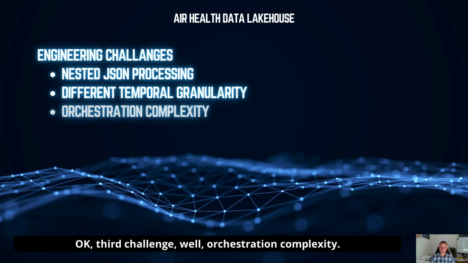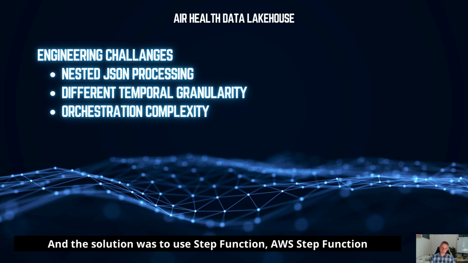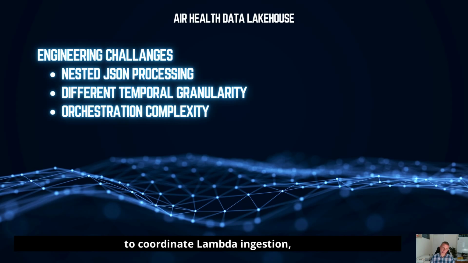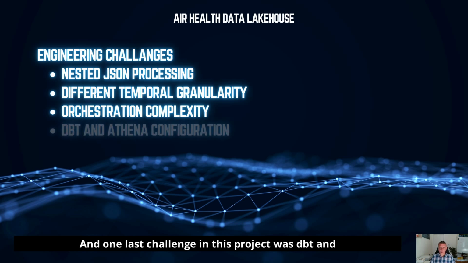Okay, the third challenge, orchestration complexity. This ELT pipeline contains multiple dependent steps, and the solution was to use AWS Step Functions to coordinate Lambda ingestion, Glue transformation jobs, and Glue crawlers. Parallel execution was used where it was possible. And one last challenge in this project was dbt and Athena configuration.